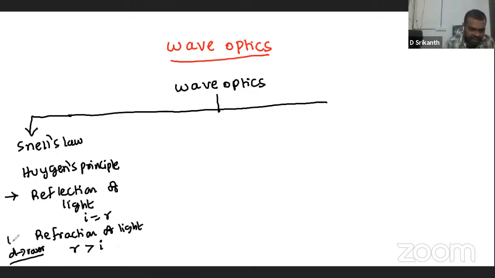And second, if the light ray is moving from rarer to denser, angle of incidence is greater than angle of refraction.